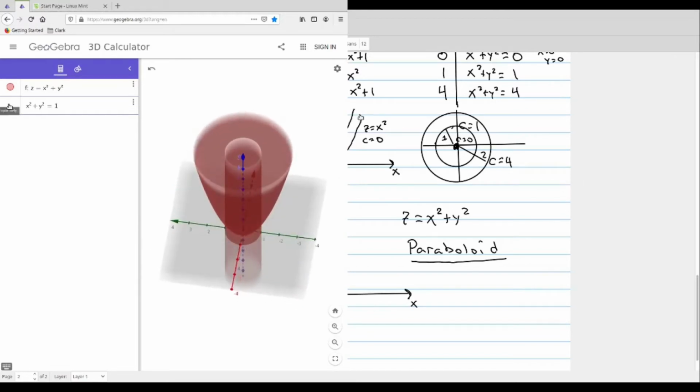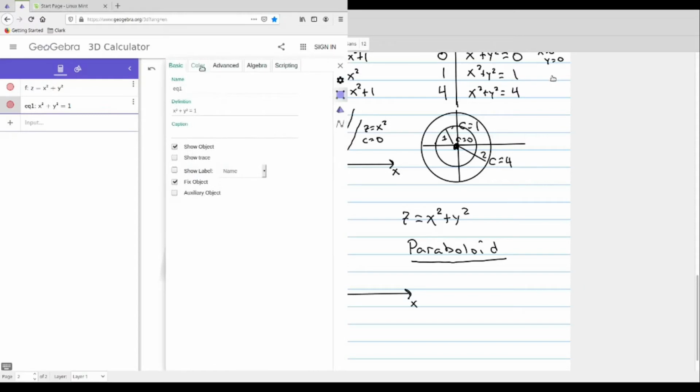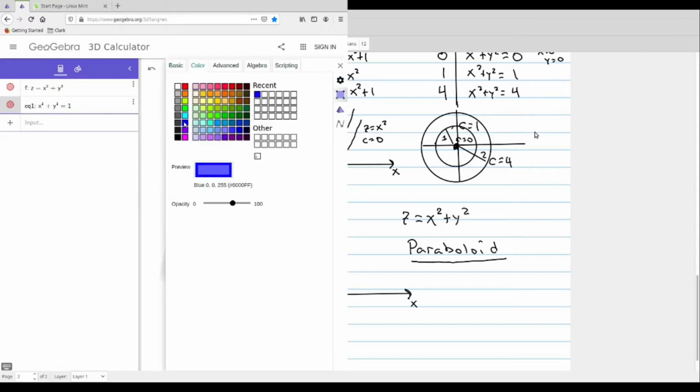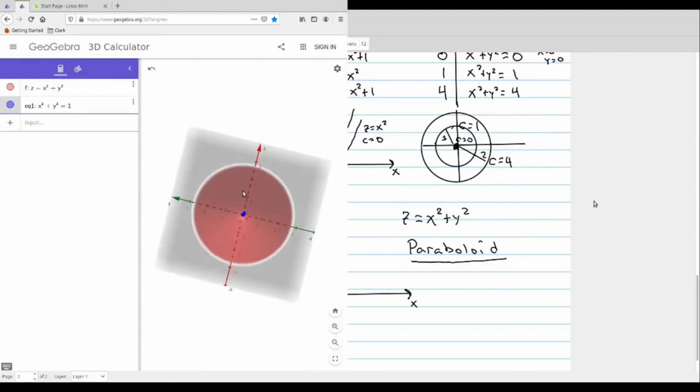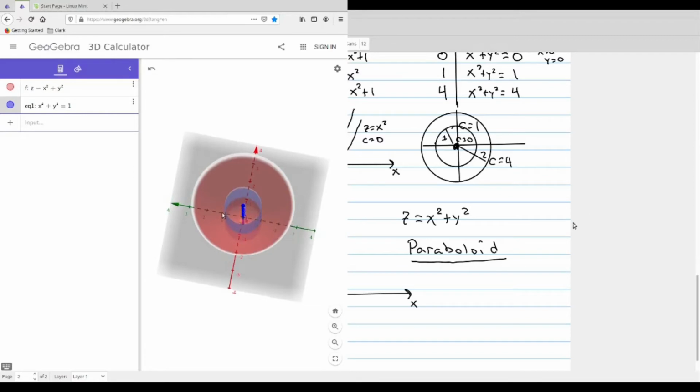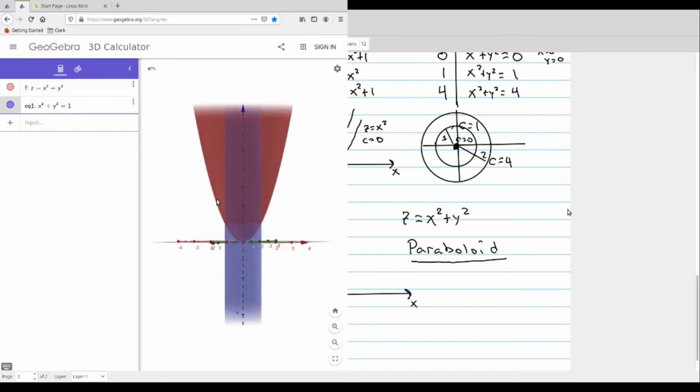So you can see the intersection of this circle right here is a circle of radius 1. That's where the paraboloid intersects, along a circle of radius 1.